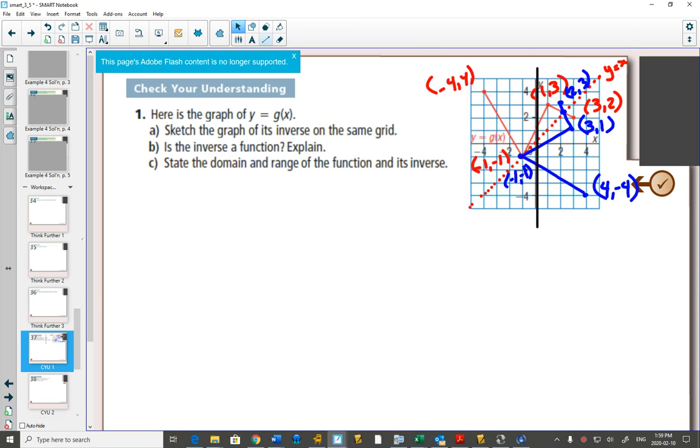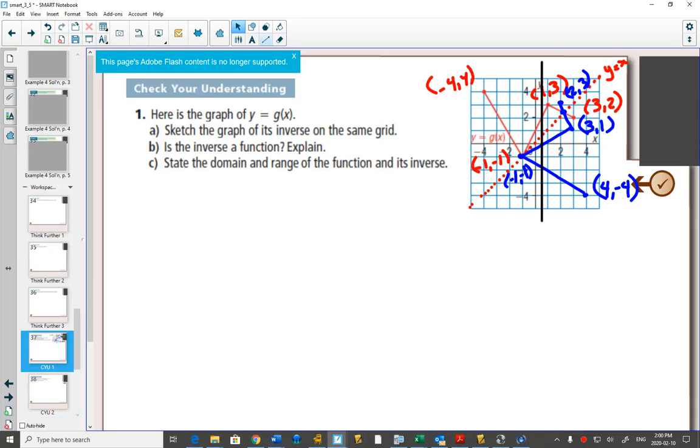How do you know if it passed or failed? I just moved it across. Did it pass? Did it fail? It failed. And how do you know the blue one failed? As soon as the graph anywhere hits more than one point, it's not a function.